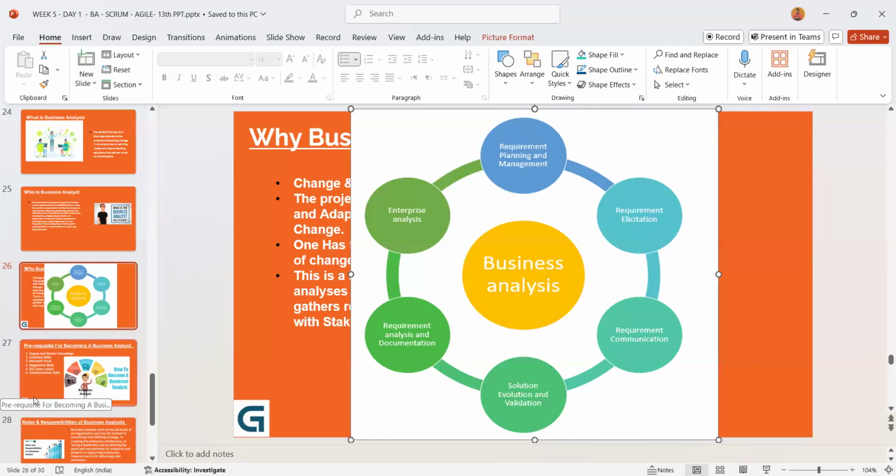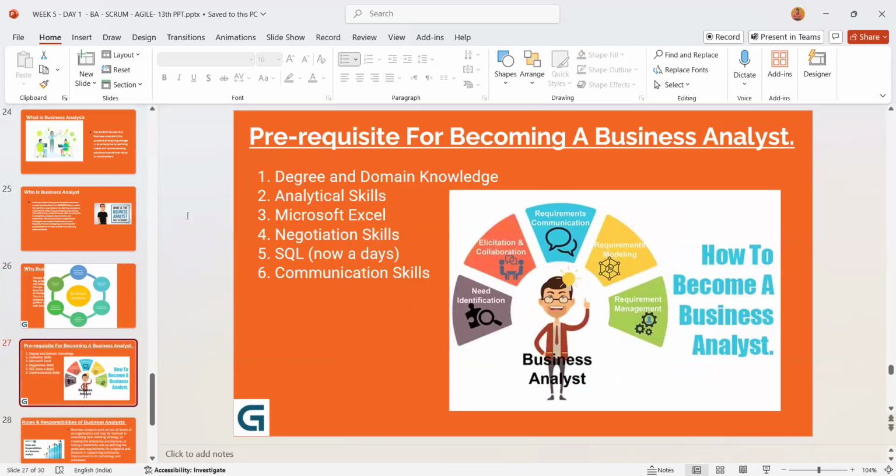Now let's understand the prerequisites for this role. First, of course, degree and domain knowledge, the company looks at whether you hold a degree related to business analyst skills or not. But at the same time, you need analytical skills.